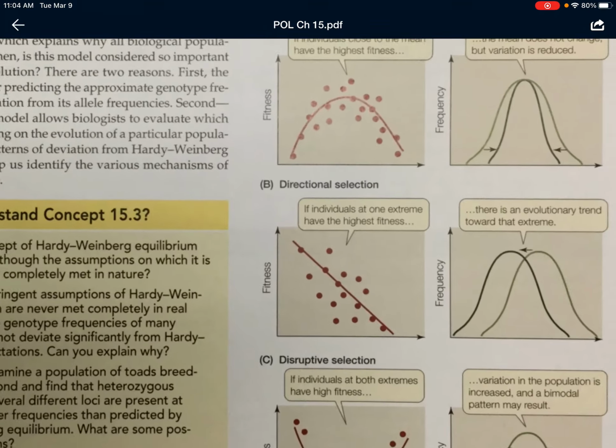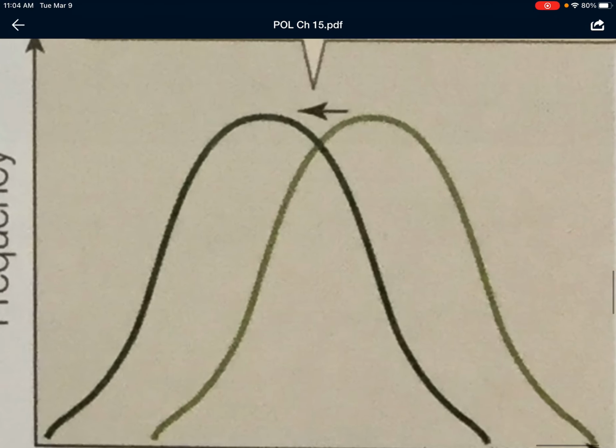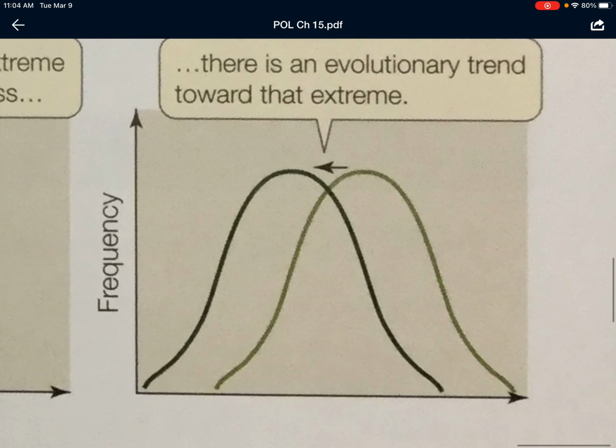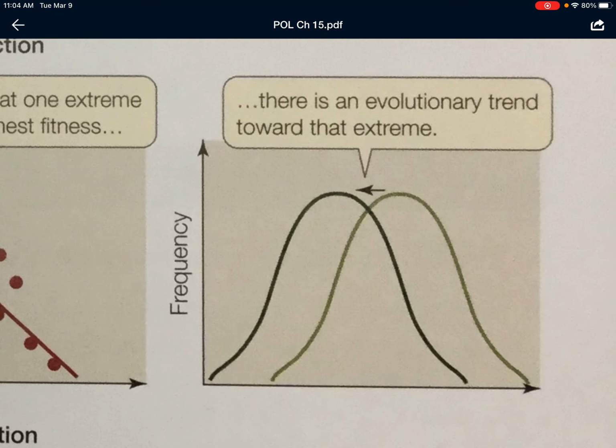So the second question was, what if it's directional selection? Directional selection will move the average in one direction or another, and this is showing a move towards the smaller side of the scale. You'd still have a bell curve, but if the smaller seeds tended to survive, then the average or mean would decrease over time, because the larger seeds would maybe not be surviving.